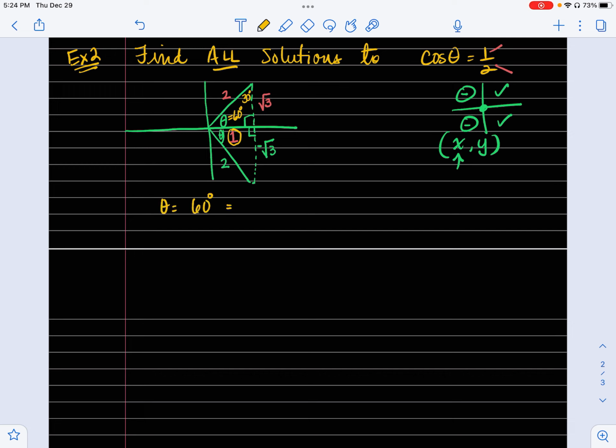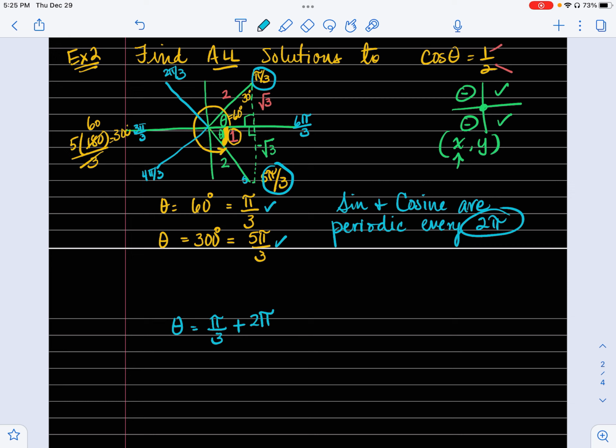Now, sine and cosine are periodic every 2 pi, which means the answer repeats itself every 2 pi. So a better way to write the first one would be pi over 3 plus 2 pi k, where we keep adding 2 pi, integral multiples of k, where k represents integers.